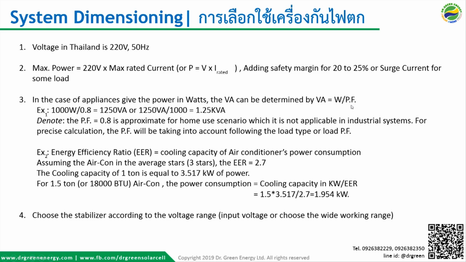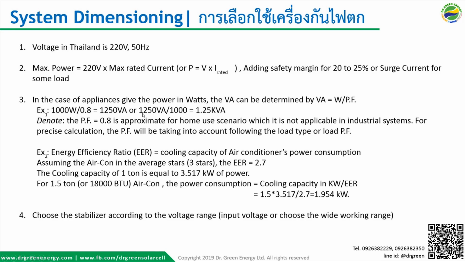So we will show you the calculation of the VA from knowing the watt value. In this case, we put 1000 watt divided by the power factor, in this case 0.8. So we get the apparent power value, which is equal to 1250 VA or 1.25 kVA.